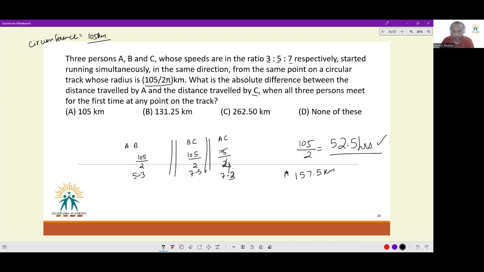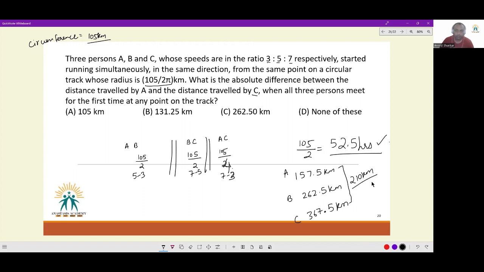This is the distance traveled by A. B would have traveled 262.5 kilometers and C would have traveled 367.5 kilometers, so the gap between A and C is going to be 210 kilometers.